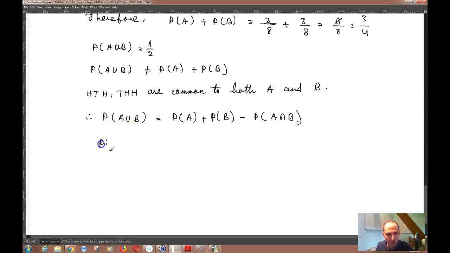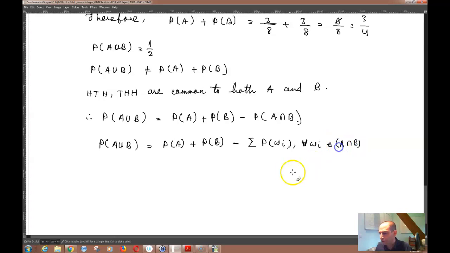You can write it as P of A union B is the same thing as P of A plus P of B minus sigma P of omega i for all omega i belonging to the set A intersection B, which is the same thing as what I've written over here.